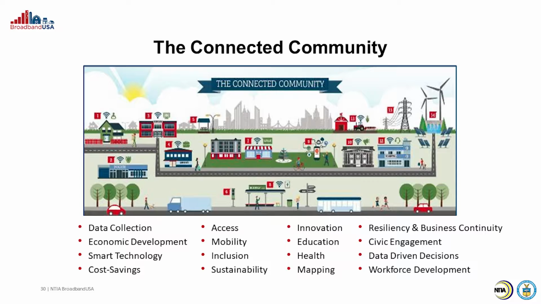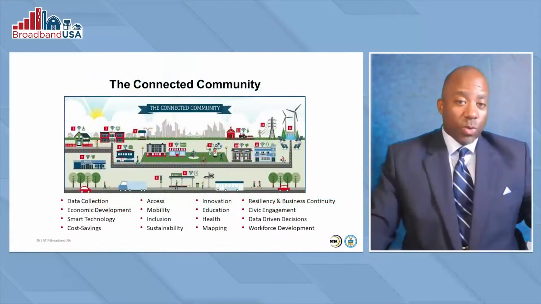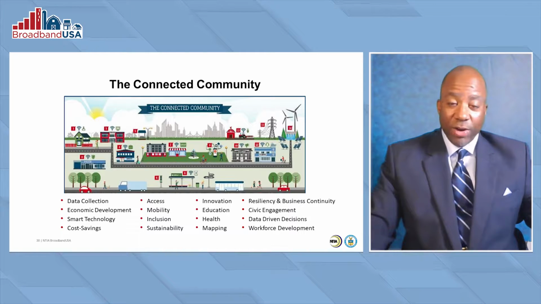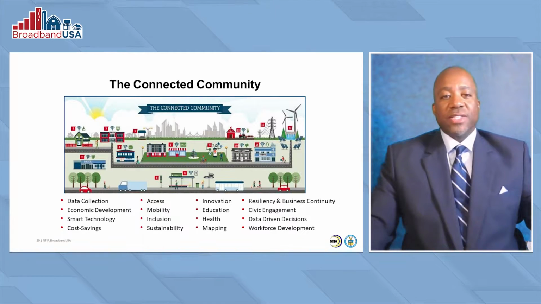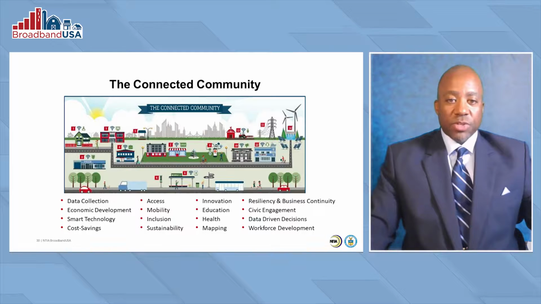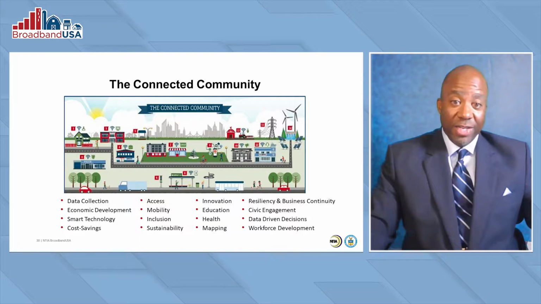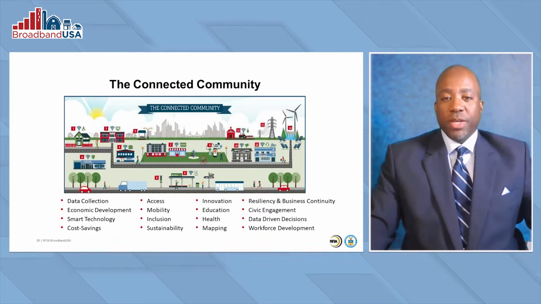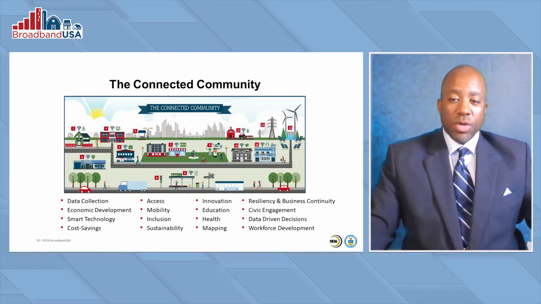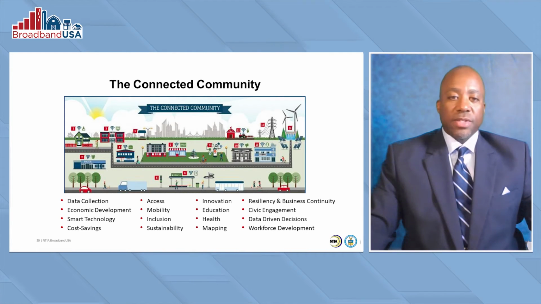So again, the idea of the connected community is no matter where you are, urban, rural, suburban, farm, agriculture, you will have access to broadband infrastructure, broadband technology, and then you'll be able to participate in the marketplace, either the marketplace of ideas or the actual marketplace of goods and services. So your work here, your work with the community definitely helps us move forward, not only in the community, but also in the country.